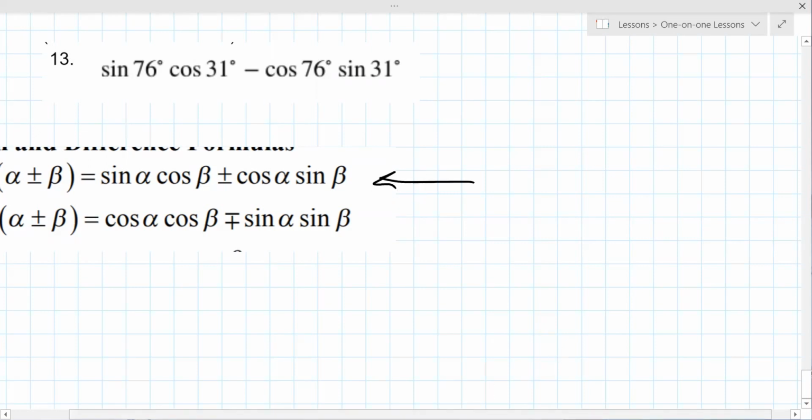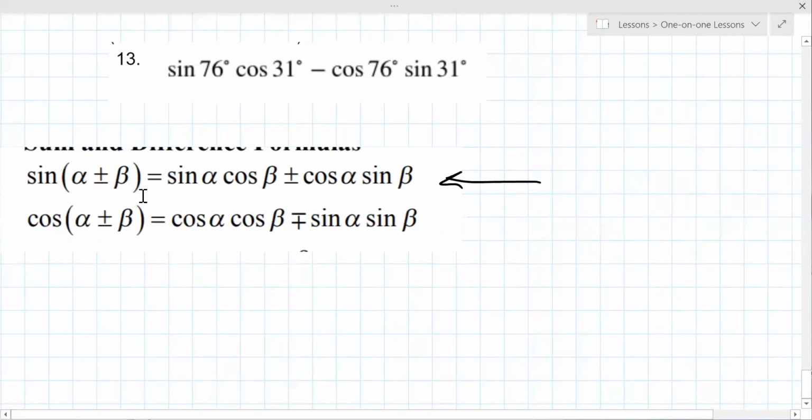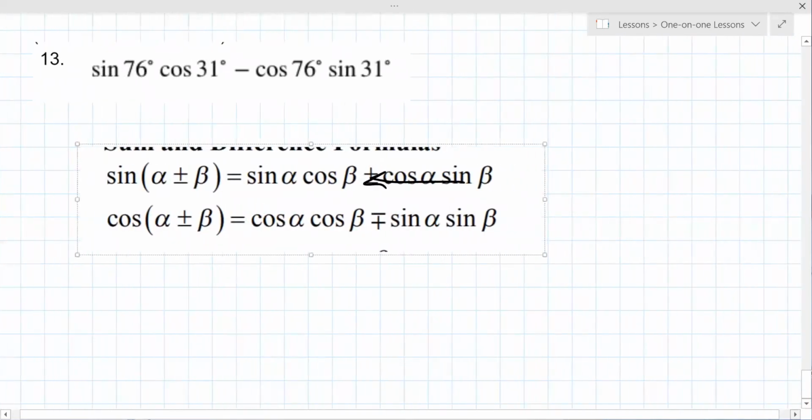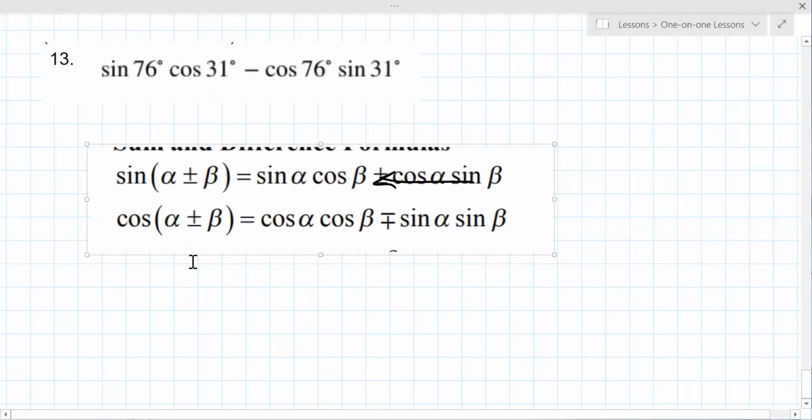That's the sine alpha one here. So let me just move this one over because it's going to create problems for us down here. Okay. So it's that top one, not that one. What is alpha then? Alpha is 76, beta is 31.